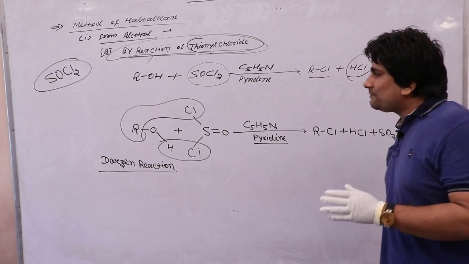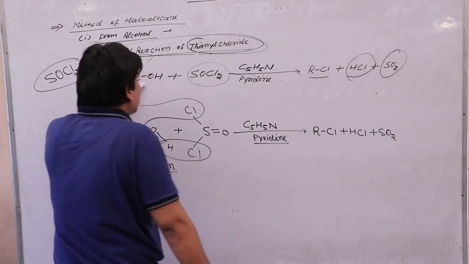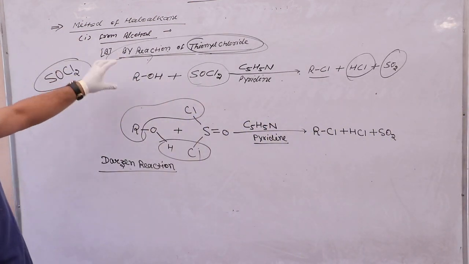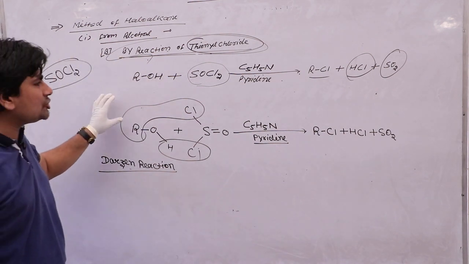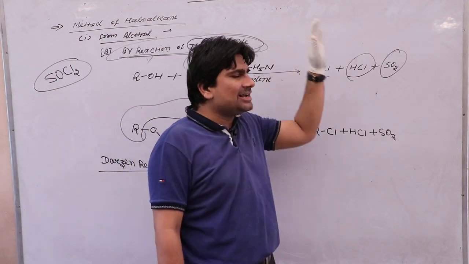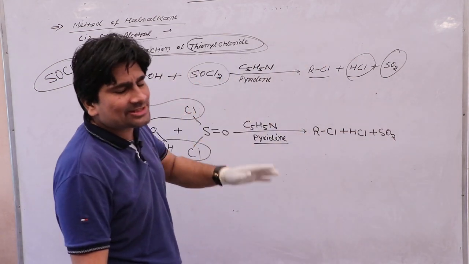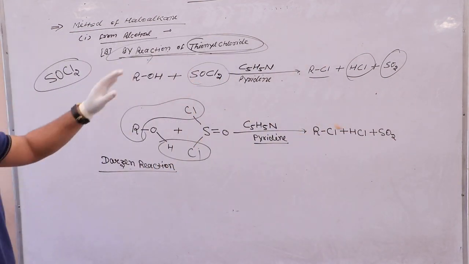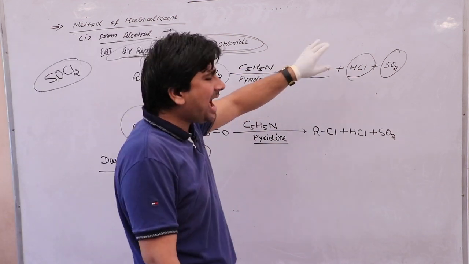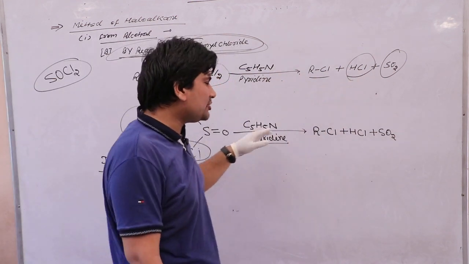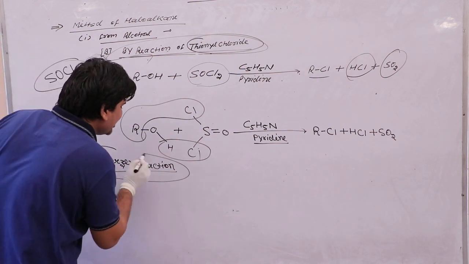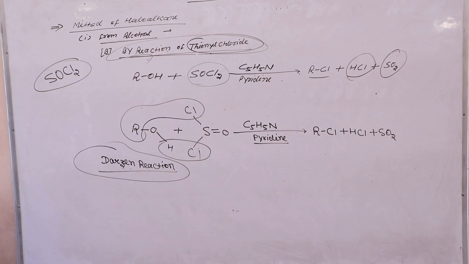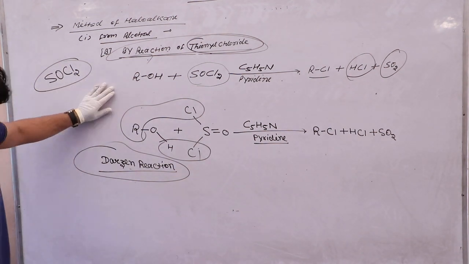It is a good method for preparation of alkyl chloride because the HCl and SO2 are gaseous and pyridine absorbs HCl. The reaction is also called the Darzens reaction. Any problem? Next reaction.